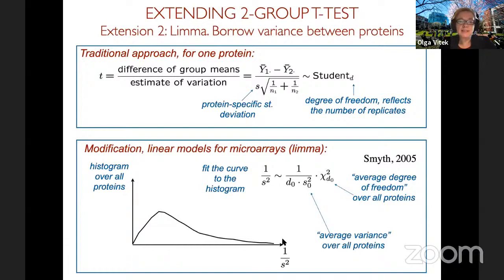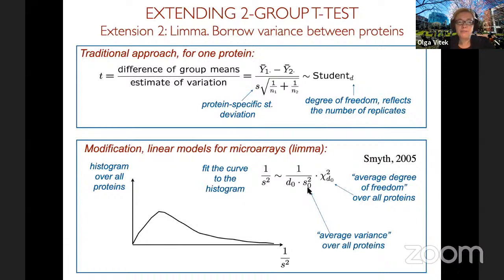And to this histogram, we can fit a curve which corresponds to the chi-square distribution, which is scaled by this quantity s square 0, and it has another parameter, which is the degree of freedom. So you can think of this s square 0 as the consensus variance, or kind of shared variance by all the proteins, and the d0 is the shared amount of data that went into estimating this quantity.